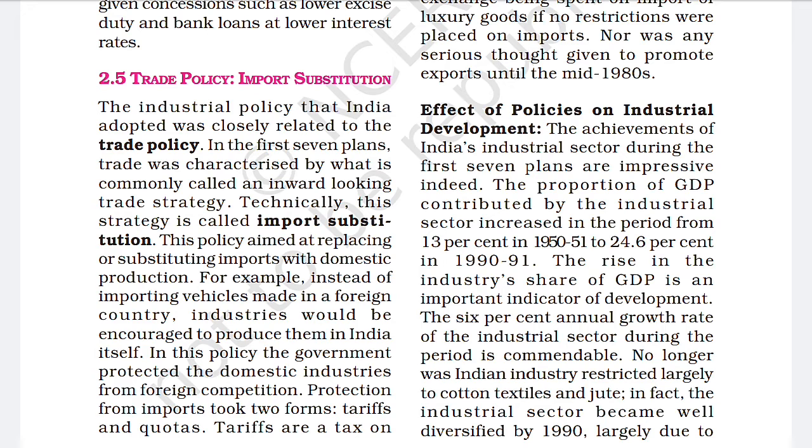Although India had a surplus of export over import, still India was not able to have such a surplus in terms of money.